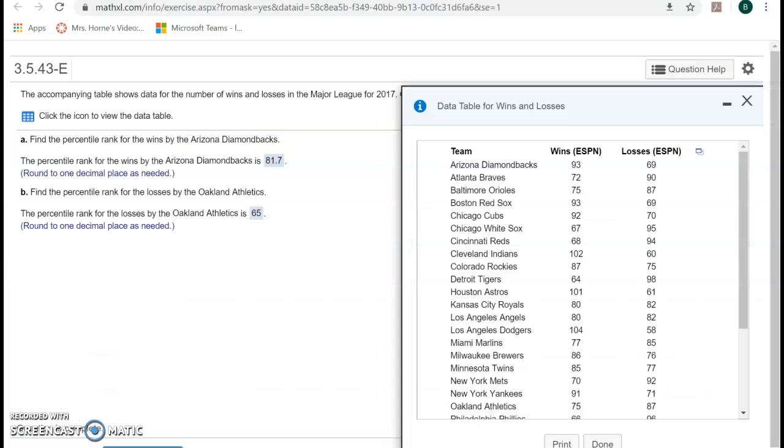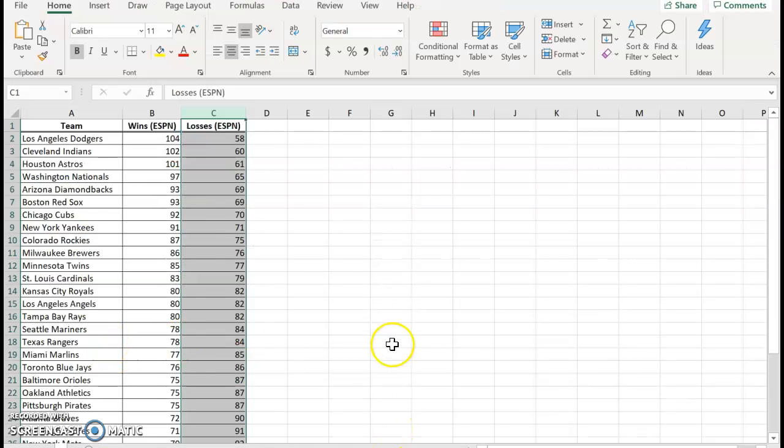Let me make sure that I read that right. Yeah, Oakland Athletics. I'm just skipping it somewhere. Oh, here it is. Oakland Athletics. So it's this row right here.